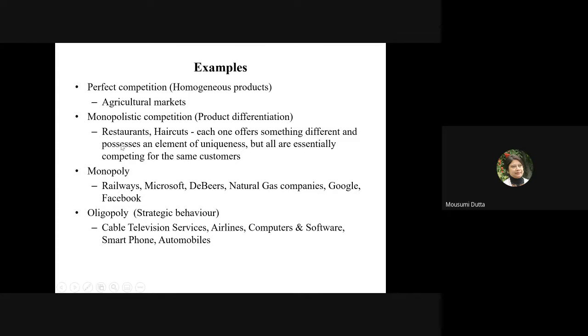For toothpaste or t-shirt or pens, ballpoint pens, at a time there was monopolistic competition. Now, in case of t-shirt, we will not be able to tell this is a monopolistically competitive company for certain brands. For other brands, yes, it is monopolistic competition.